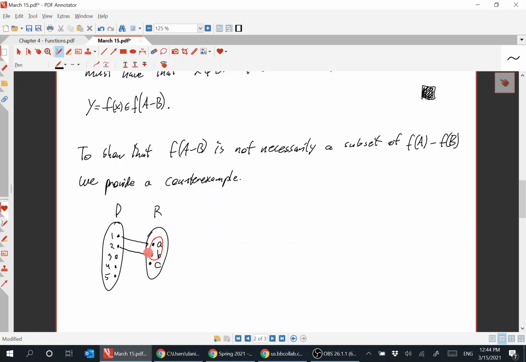Let's send 1 and 2 to A and B, and we'll send 3 and 4 to A and B. I don't even need the 5. So we'll call this A, and we'll call this B.